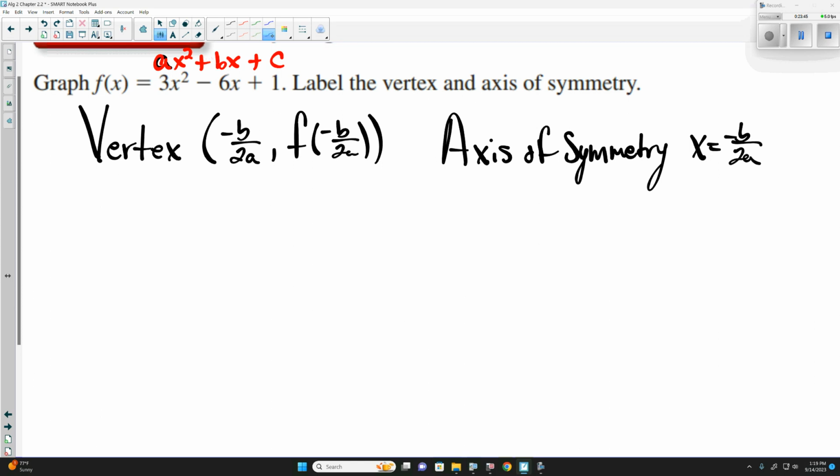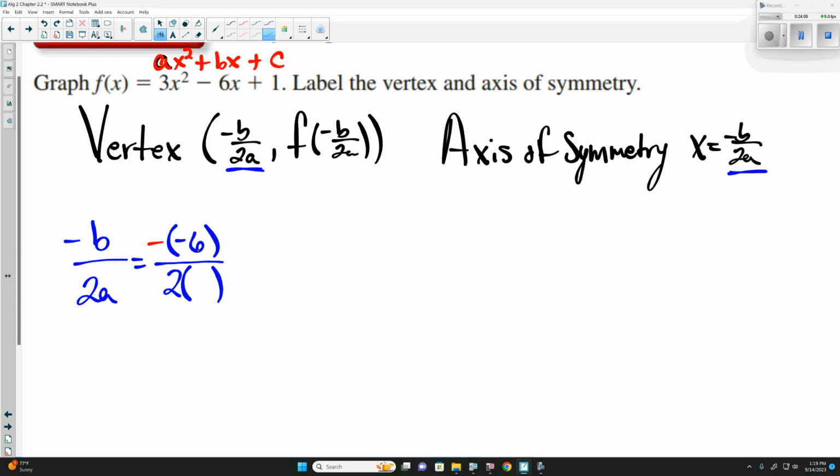Now, one of the main formulas that we have in both of these here is negative b over 2a. So we need to find its value first. Negative b over 2a. What's the value of b? We said it was -6.